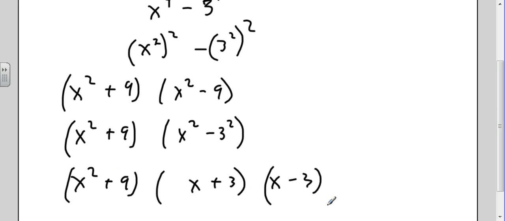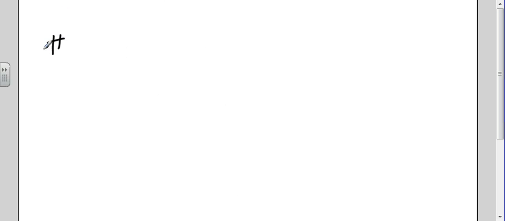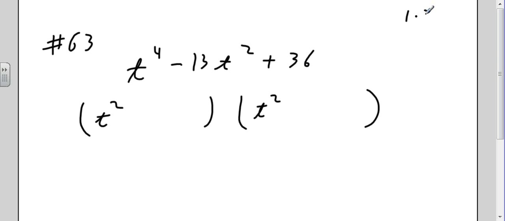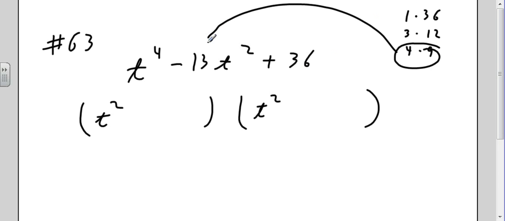Why don't we do 63? T to the fourth minus 13t squared plus 36. Okay, so that's going to be t squared, t squared, 36. 36, 1 times 36, 3 times 12, 4 times 9, and 4 plus 9 can be that number there.